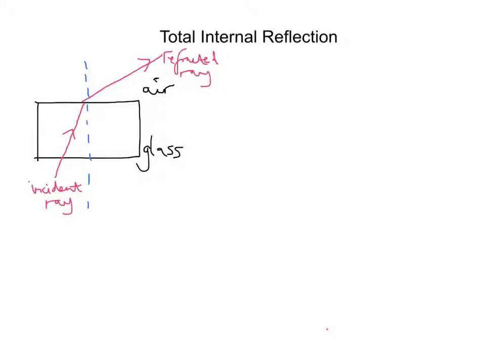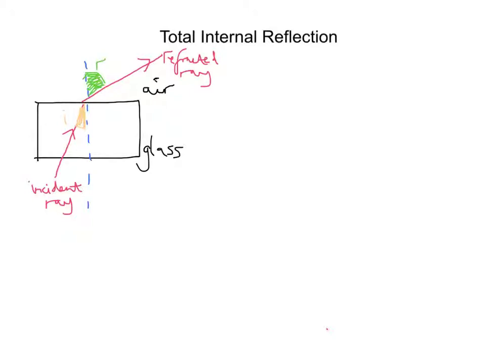And now to understand total internal reflection we need to put this in place. This angle, if you like, in yellow, and then this second angle here that I'll shade in green. Now the angle in yellow is the angle of incidence, so we'll put a little I by that for the angle of incidence, and the angle that I've shaded in green is the angle of refraction.